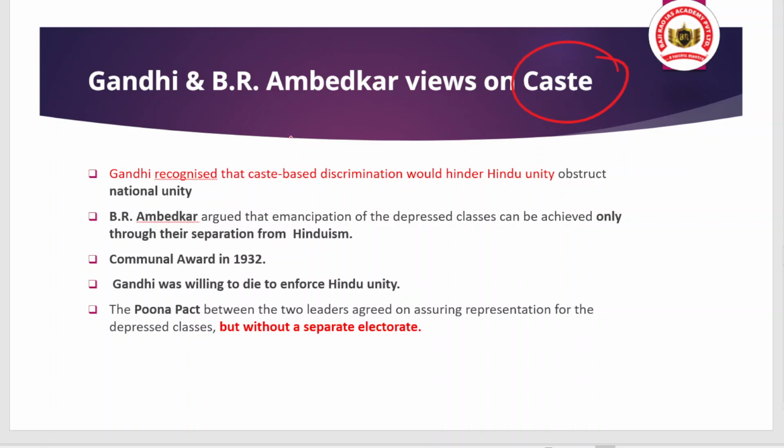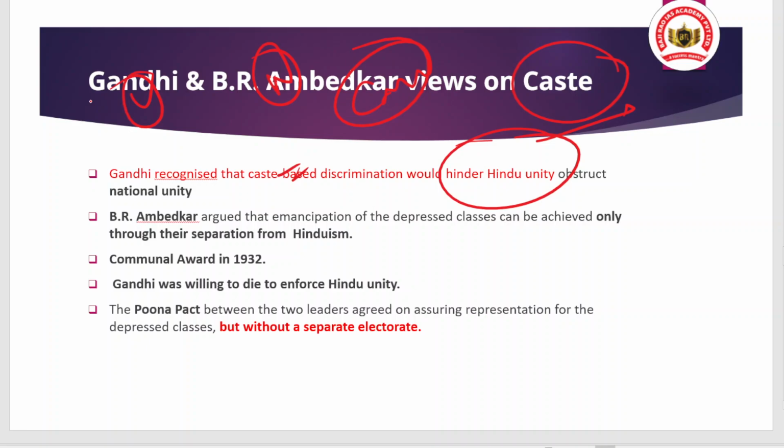You can understand that Gandhi recognized that caste-based discrimination would hinder Hindu unity. That's why Gandhiji was always against caste-based discrimination, but not against the Varna system. Remember, there is a difference between caste-based discrimination and the Varna system.